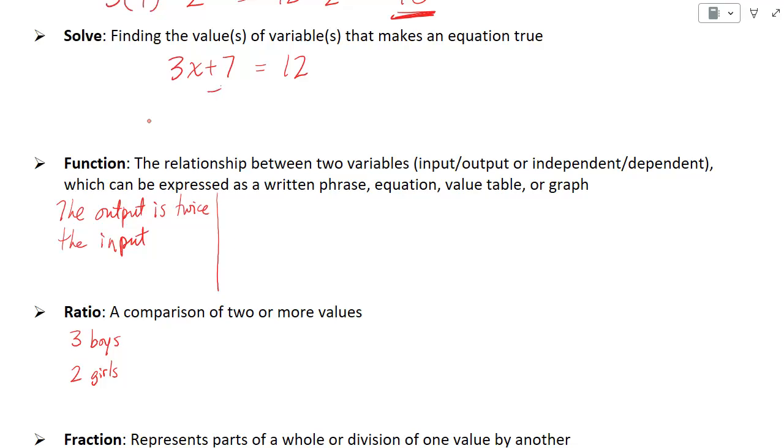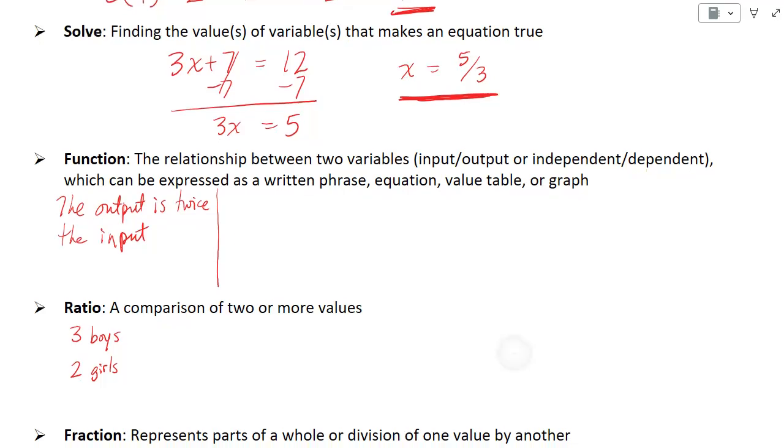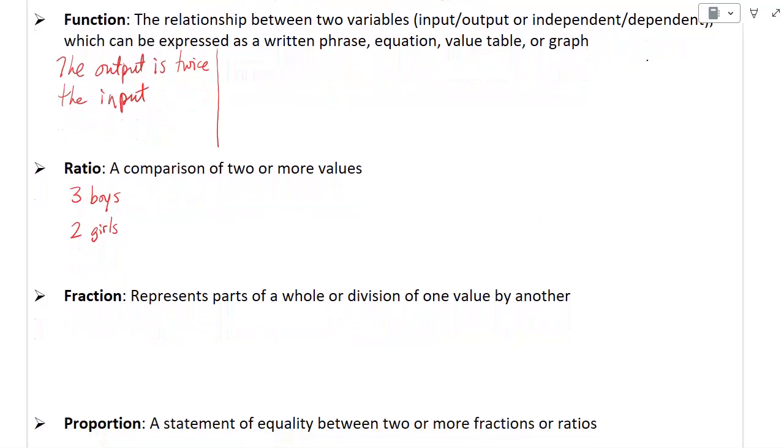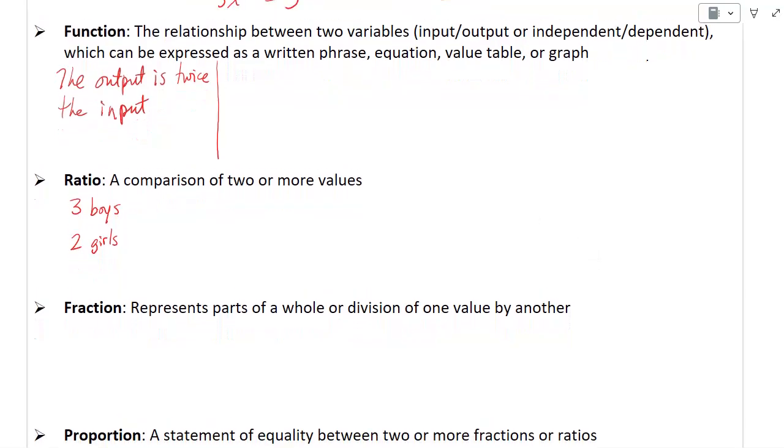Again, very simple example, but I'm going to go ahead and solve. I have to have an equation or an inequality in order to solve that. I didn't put that in the definition. 3x equals 5. Divide both sides by 3 to get x by itself. So this one didn't have a nice integer solution, but that's okay. Sometimes that happens. I got a little bit ahead of myself here, because this is one that I'll see a lot.